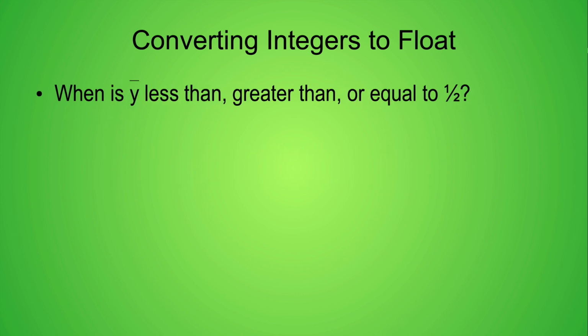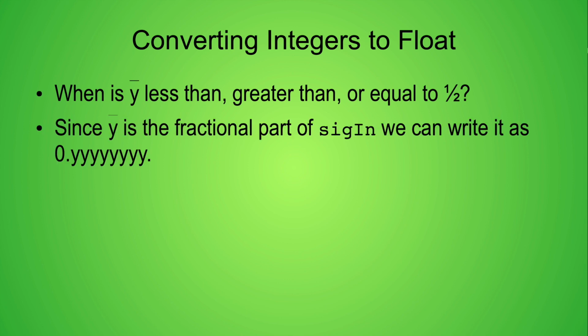Now that I've explained what it means to compare Y bar to the binary value 1 followed by 7 zeros, I need to explain how to actually compute whether Y bar is less than, greater than, or equal to the binary value 1 followed by 7 zeros. Since we're treating Y bar as the fractional part of sig n, we can write Y bar as 0 point followed by 8 Y's.